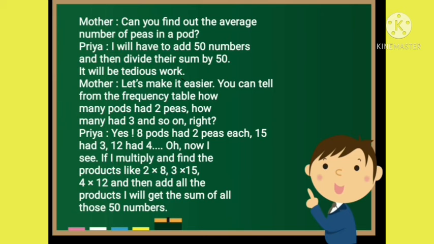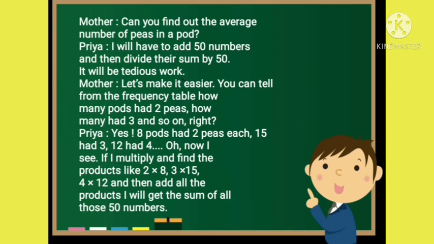Mother, can you find out the average number of peas in a pod? Priya, I will have to add 50 numbers and then divide their sum by 50. It will be tedious work, Mother. Let's make it easier.